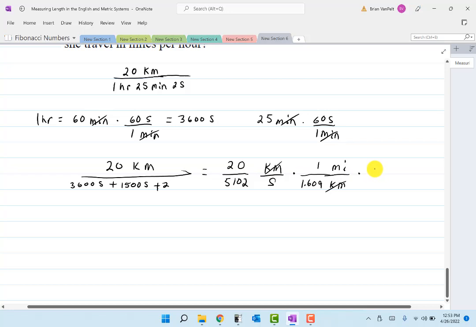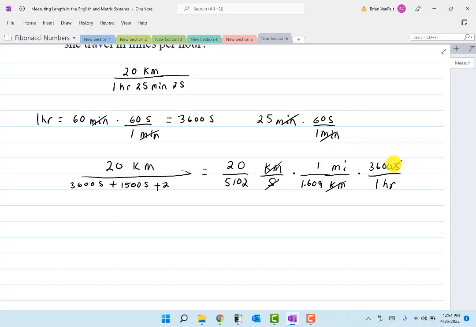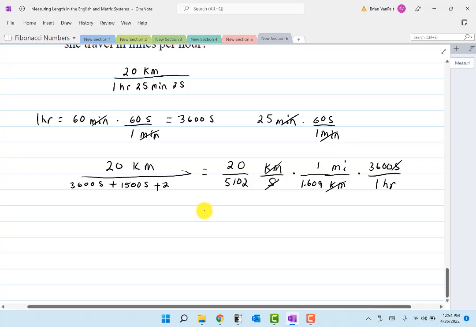Well, what I just learned is that there's 3,600 seconds in 1 hour. So I can take out the seconds, and if you look in the numerator, the mile is not crossed out, and in the denominator, hour is not crossed out, so that's what I want. Let me gather my numbers.